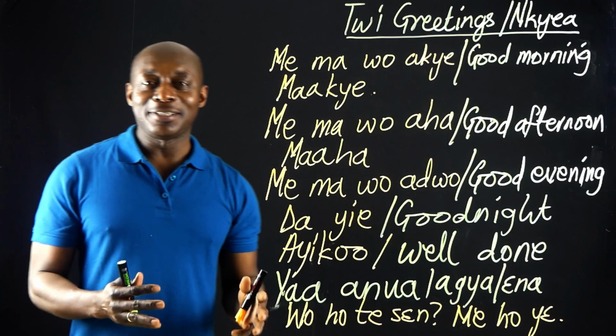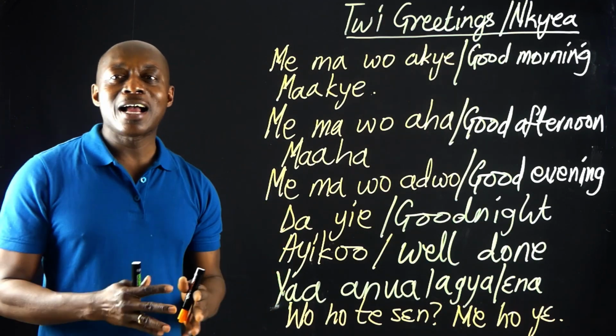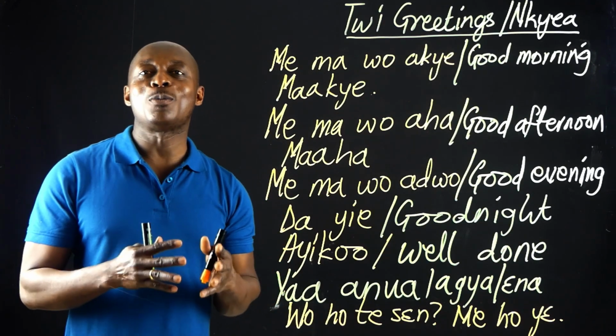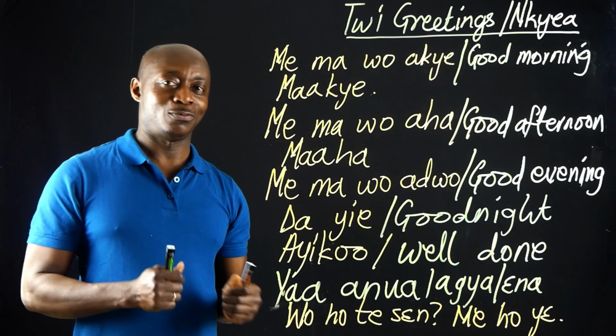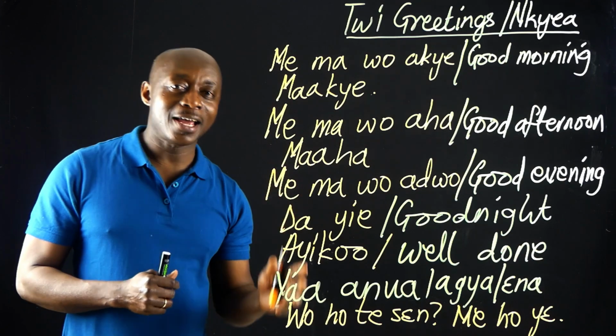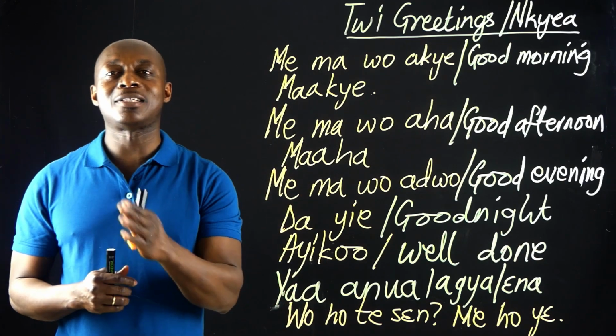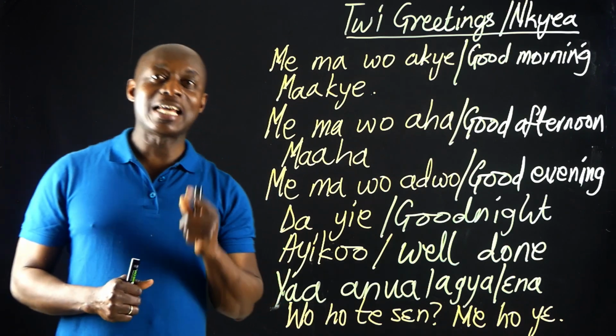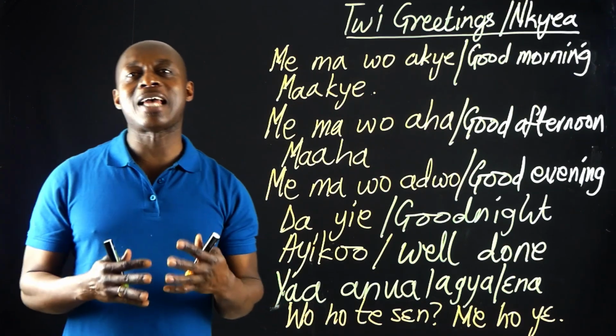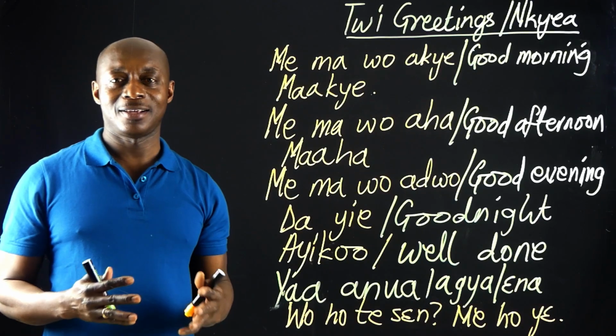But culturally, a young person is not supposed to ask an elder, how are you? It is the elder who is supposed to ask the young person, how are you? Unless the young person knows that the elder is sick.